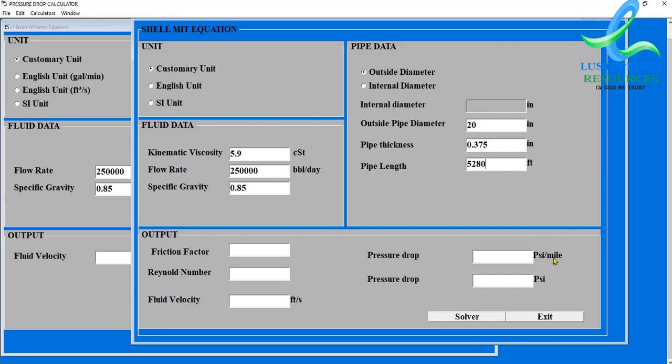We're looking at the PSI per mile. So this is 18.77. Let's look at it again.